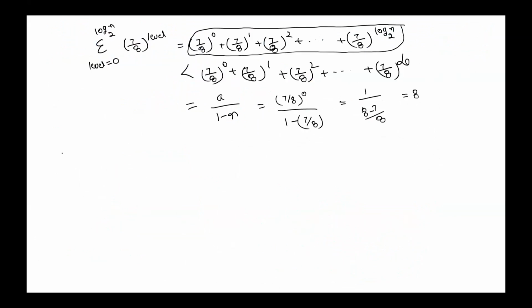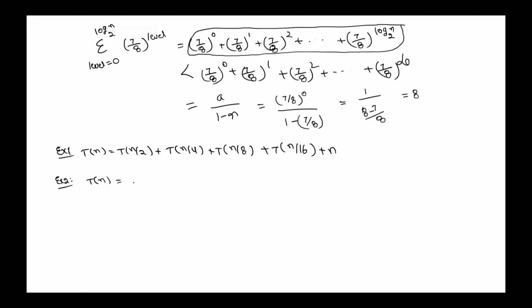Okay. For example, if the recurrence relation is given like this: T of n is T of n by 2 plus T of n by 4 plus T of n by 8 plus T of n by 16 plus n. What's the answer?